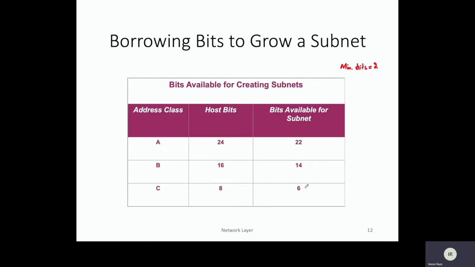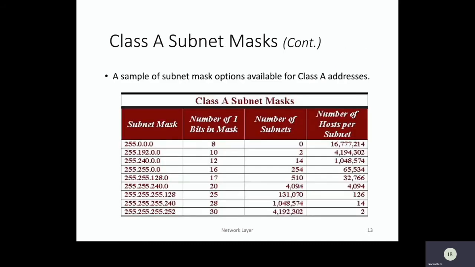So the maximum number of bits that we can borrow for the subnetting process is 6. So this is the maximum number of bits that we can borrow in a class for the sake of the subnetting process, right?